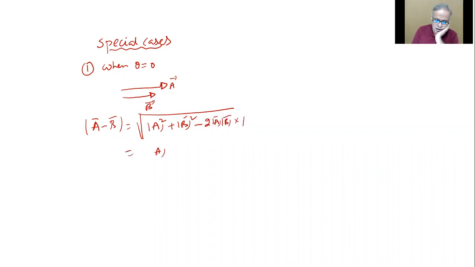So is it mod A minus mod B, or mod B minus mod A?